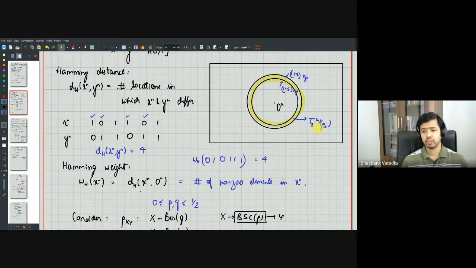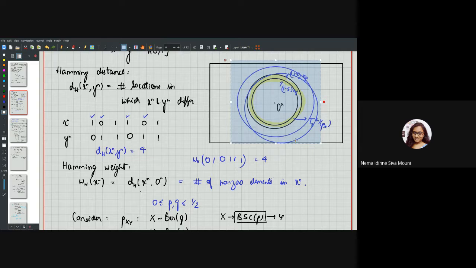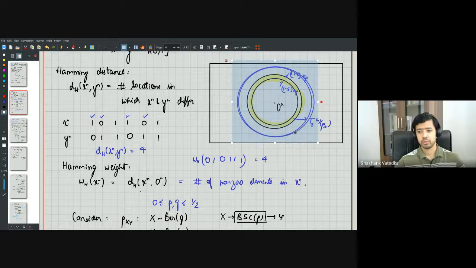So what can you say about the Hamming weight of the sequence yn for any yn in the typical set? Yes, anyone? One plus or minus epsilon, whole into n p star q. Correct. So it's going to be close to n p star q.